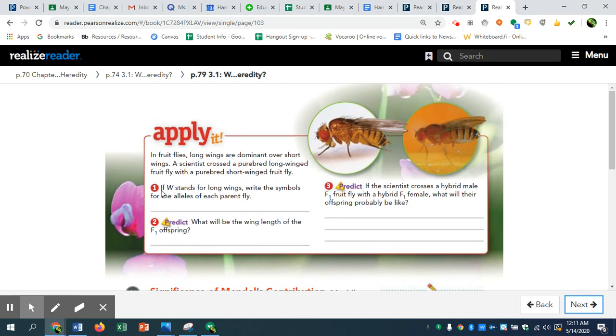Okay, we have the apply it. Fruit flies. In fruit flies, so why are they talking about fruit flies in high school? Fruit flies are really easy to study genetics because they breed very quickly. They're easy to observe for certain traits. Some fruit flies, here they're talking about long and short wings.